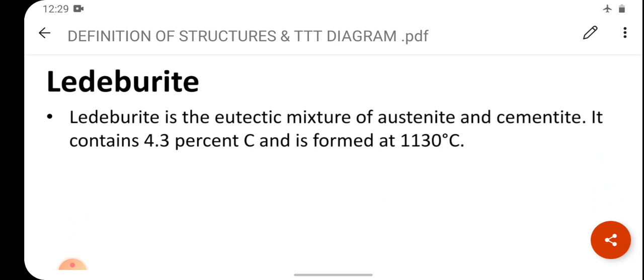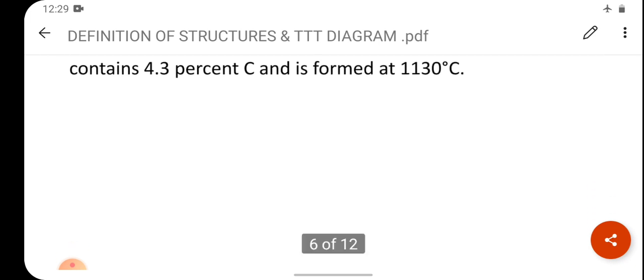And this is the eutectic, and the third one is eutectoid mixture. So ledeburite is the eutectic mixture of austenite and cementite. It contains 4.3% carbon and is formed at 1130 degrees Celsius. So this is the ledeburite.